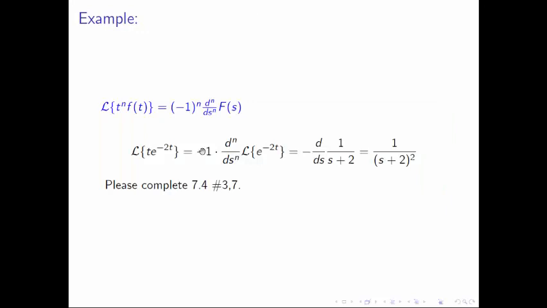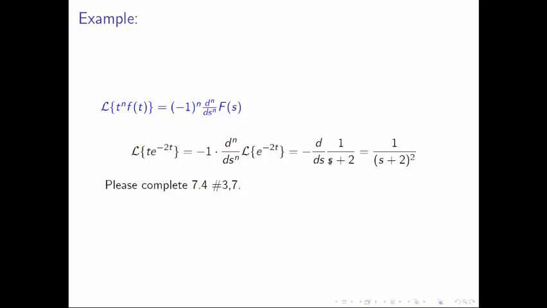So using this property in this example, here I have t e to the negative 2t. This is actually an example where I could have used one of the previous properties. However, because this is t to the first degree, I'll have negative 1 to the first degree times the first derivative. This is another step that I left out and didn't catch until now: d ds is what I should have here. So this will be negative d ds of the Laplace transform of e to the negative 2t, and I will take the derivative of that.